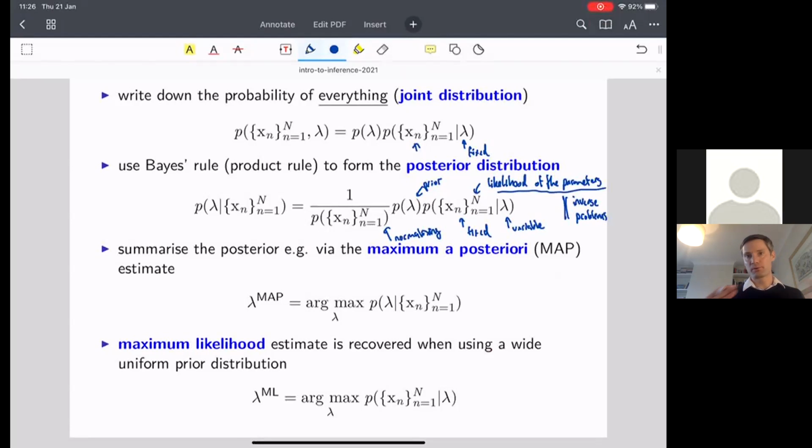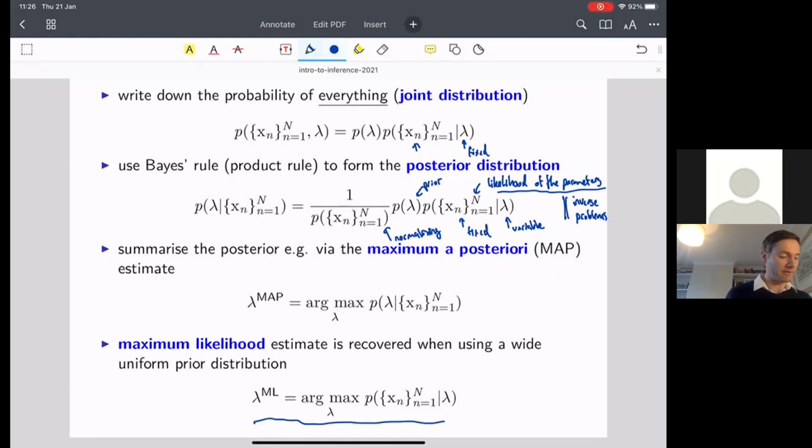And then optionally, you might want to summarize that posterior distribution, for instance, by the maximum a posteriori estimate, which is the maximum of that function. And one really important property of the maximum a posteriori estimate is that if you use a wide uniform prior distribution, this will actually correspond to the maximum likelihood estimate at the bottom.